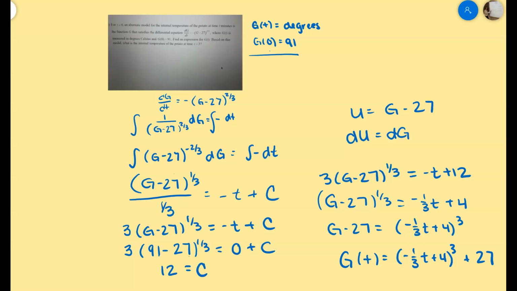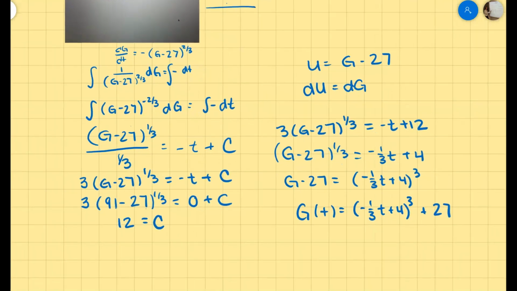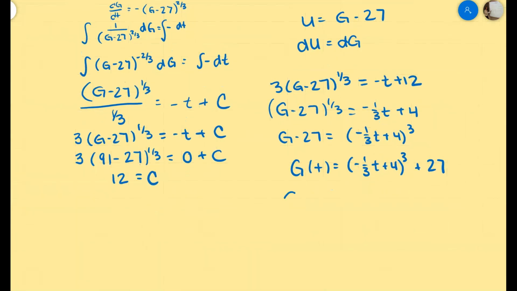The last part, yeah, we're not done. This was worth, I believe, like 5 out of the 9 points on this problem. The last part says, based on this model, what would be the internal temperature of the potato at time 3? So the last thing we're going to do is find g of 3.